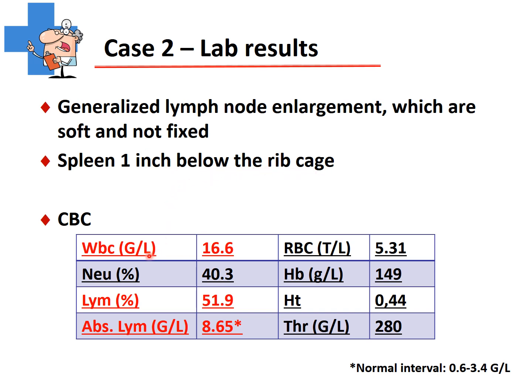As you see in the blood count analysis, white blood cell count is increased, lymphocyte count increased, the absolute number is 8.6 giga per liter, so it's higher than 5 giga per liter. Everything else is normal. So this patient does not have any kind of bone marrow involvement.